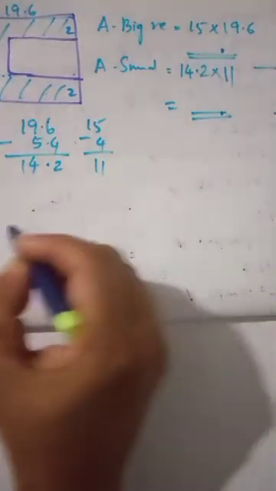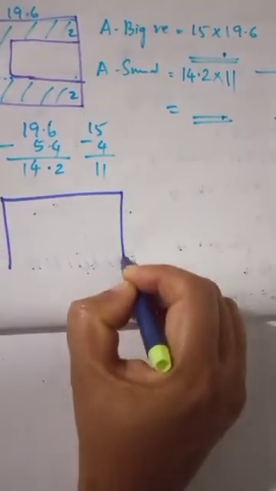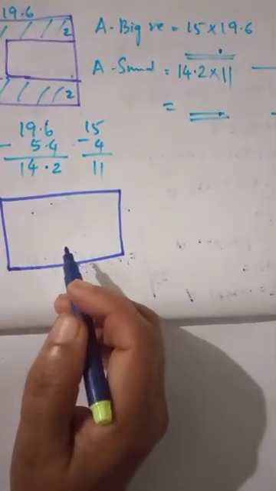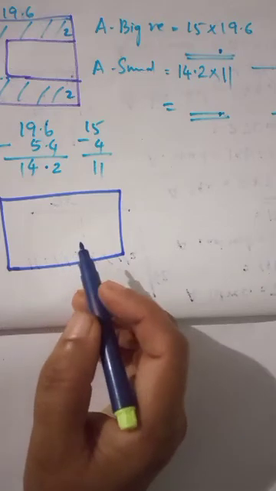Then some question is again there. A photograph of size 35 centimeter by 22 centimeter is mounted on a frame of external dimension. Sorry, that is a photograph, not a pictograph, photograph.